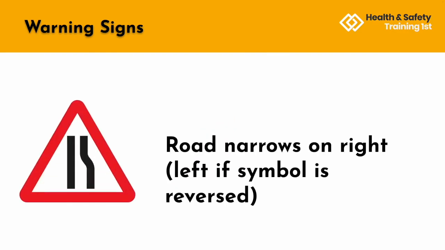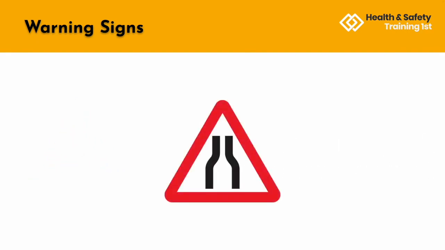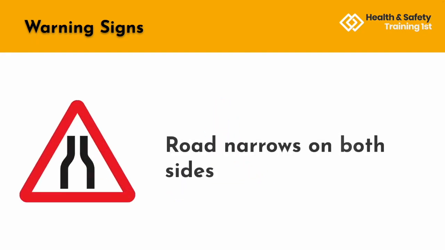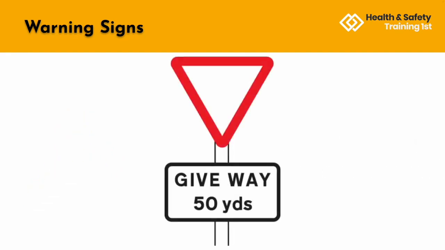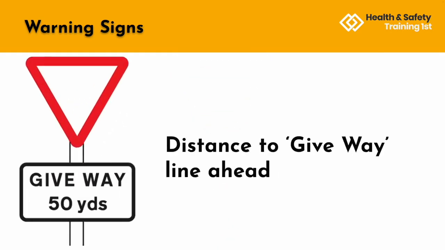Roads narrow on right, left if the symbol is reversed. Road narrows on both sides. Distance to give way line ahead.